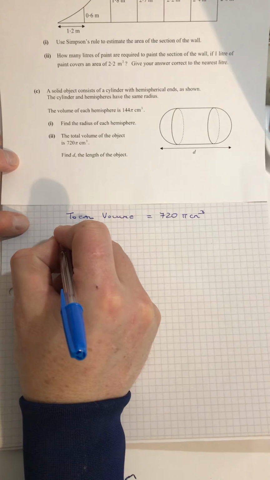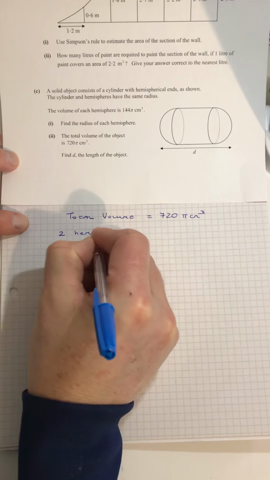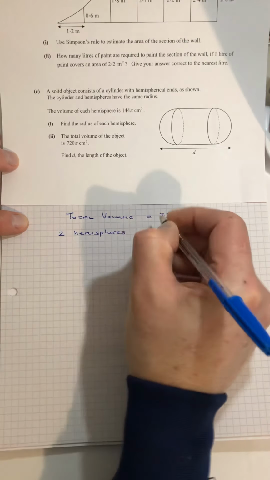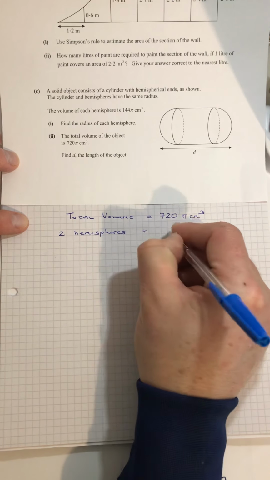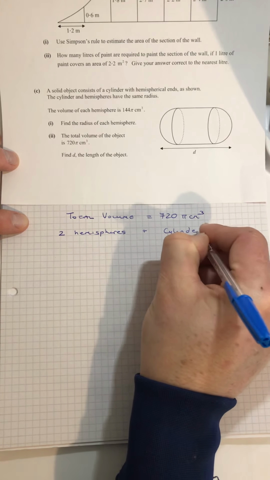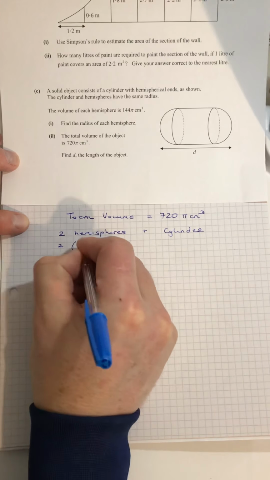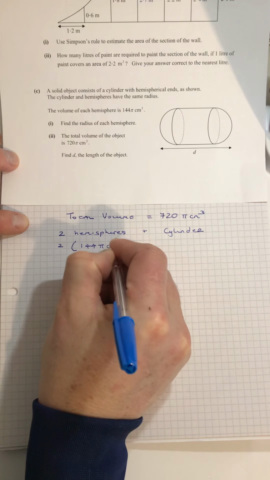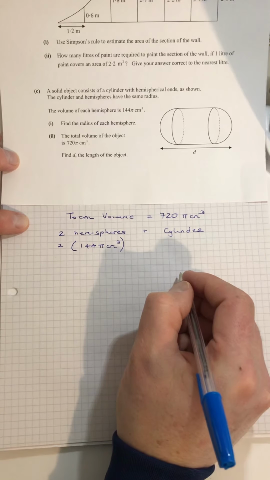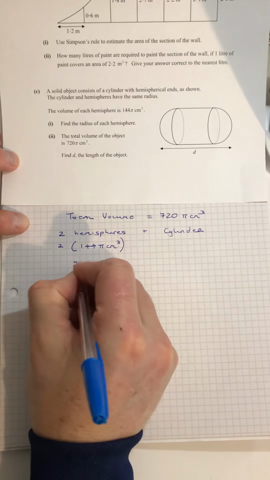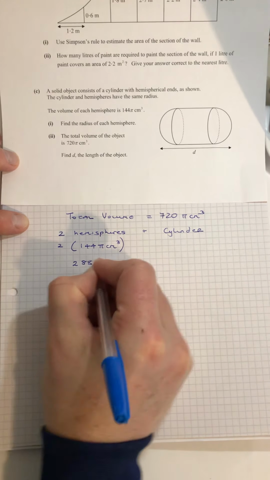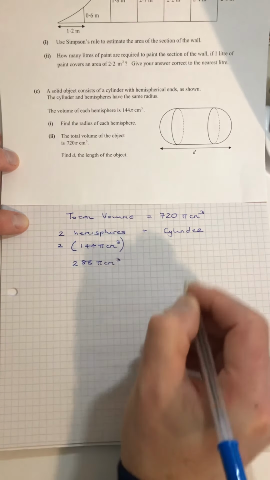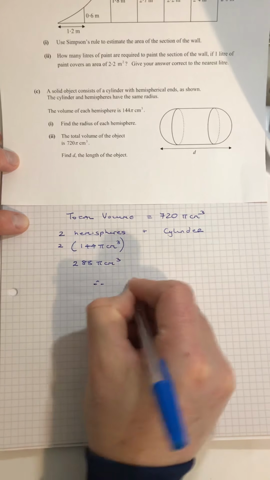So the total volume is 2 hemispheres plus a cylinder. And we know the 2 hemispheres is 2 times 144 pi, which is 288 pi centimeters cubed.